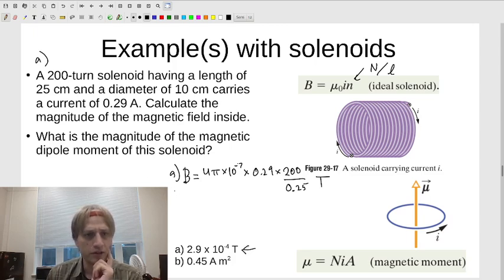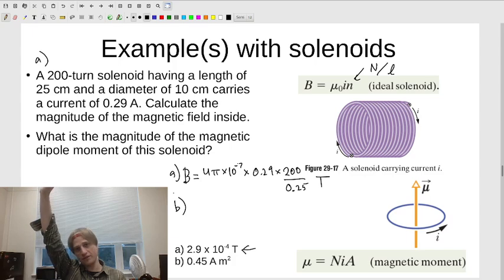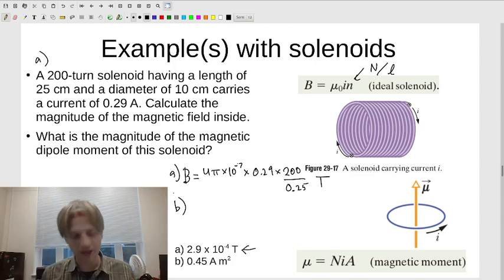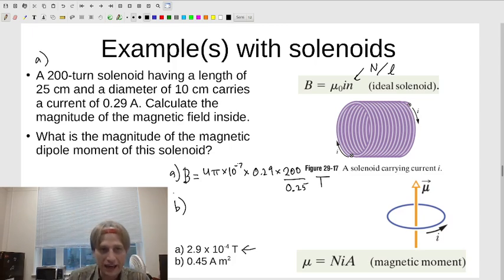And then for part B, what is the magnitude of the magnetic dipole moment of this solenoid? Let's say that you go far, far away from this thing, and instead of treating it as a long thing, you're looking down on it, and it looks just like a bunch of loops of current. In that case, you could find the dipole moment by taking the number of loops, 200, times the current in amps, 0.29 amps, times the area of the cross section.